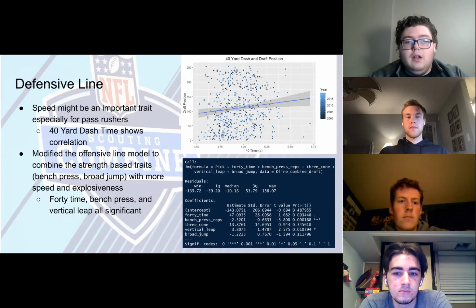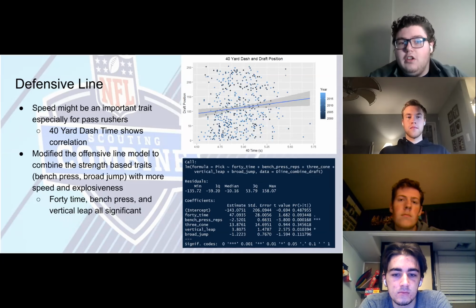Next, we tried to apply our offensive line model to defensive lines, making some important modifications. The first thing that came to mind for us was speed. This is especially true for pass rushers, whether they're a D-end or an interior rusher. So we wanted to take a look at explosion and speed, and one of the first things we saw was the 40-yard dash. The 40-yard dash had a positive correlation with the draft position, meaning that as your 40-yard dash time went up, you tended to be drafted later.